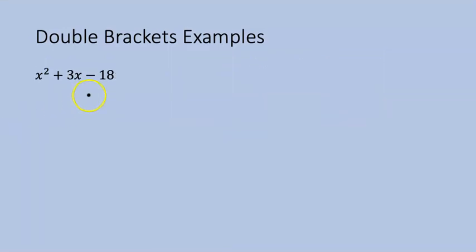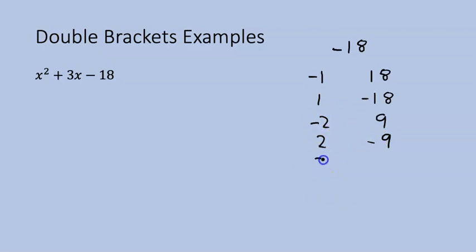When they're all negative like this one, it's slightly different because you've got a minus this time, which means when you multiply the two numbers together, it's negative. So negative 18. That means I can have minus 1 times 18, but also 1 times minus 18. Neither of these two have got a difference of 3. So I carry on. I've got minus 2 times 9 and 2 times minus 9. Neither of these got a difference of 3 either.